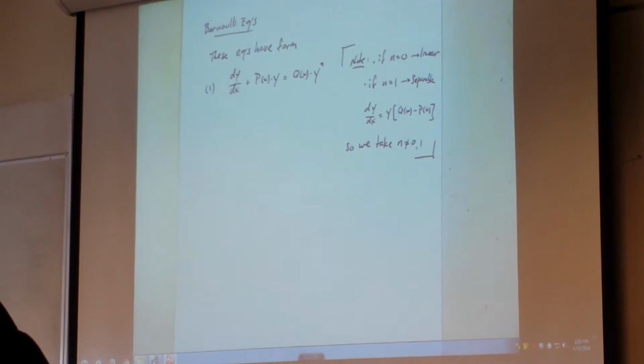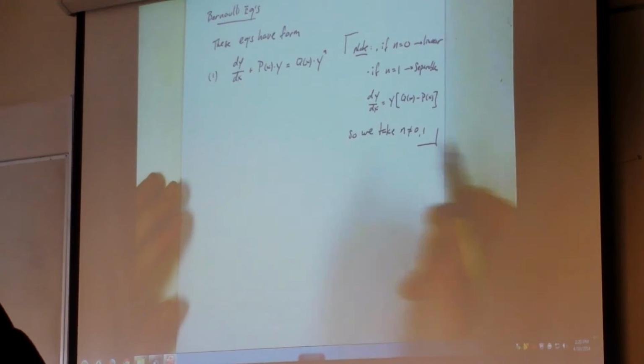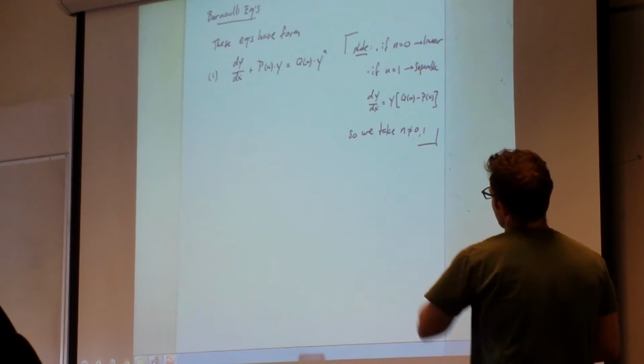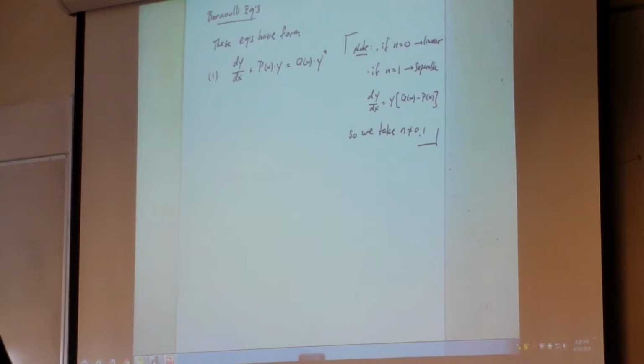There is a way to transform this so that the result will be linear. It's close to linear, but not quite.